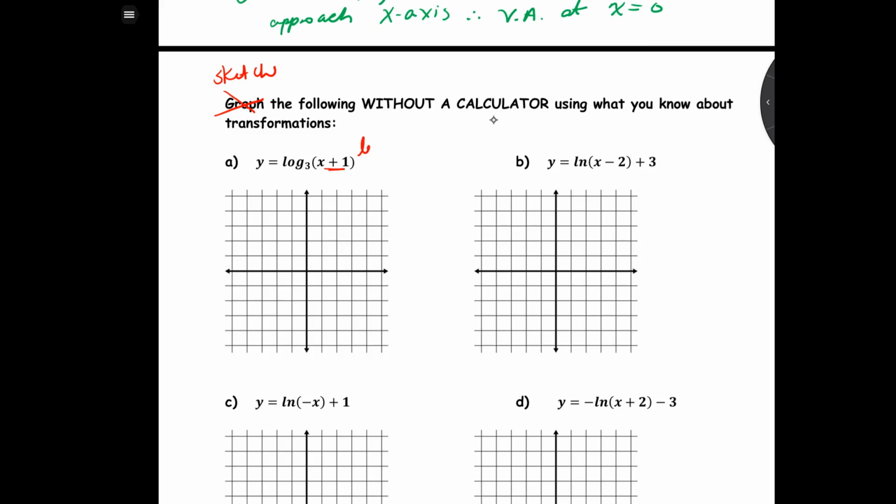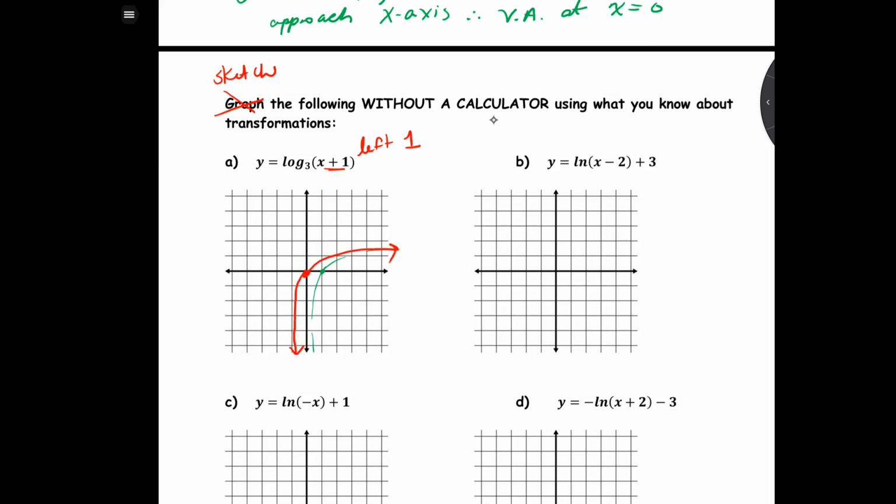Yes, left 1 unit. So instead of having the basic shape at (1, 0), I need to move it to the left one. Where does that point move to? (0, 0). And now what are all of your points approaching? They're no longer approaching x equals 0. Yes, they're approaching x equals -1.